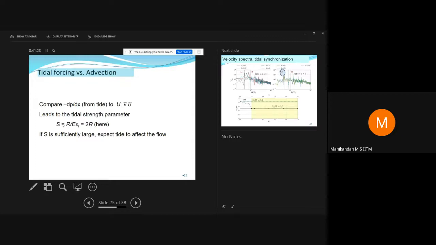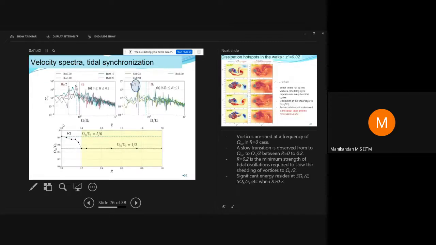Reviewers asked about the first paper, where you've taken R equal to 1. That's a very strong tide. So how strong does the tide have to be to see this kind of thing? Very valid question. The question was whether it is going to be a sharp transition or a smooth transition. Turns out it's a smooth transition, so not that exciting. Essentially, what we find is that until R equal to 0.2, the vortex shedding frequency keeps decreasing until it locks on to the tidal frequency.